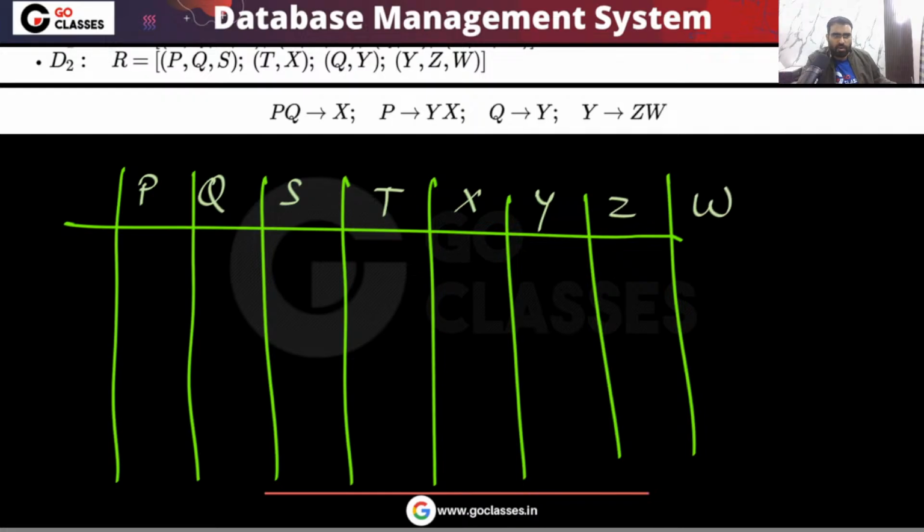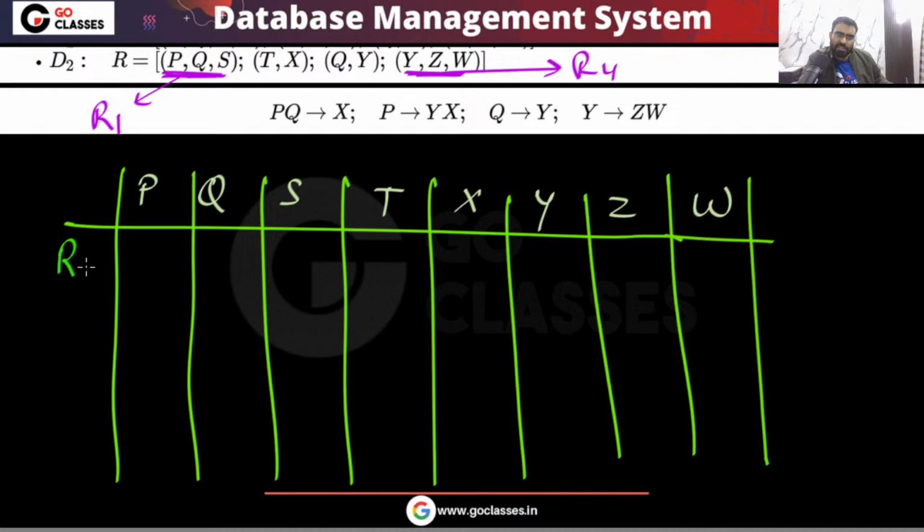So these are the columns. Columns are the attributes. And what are the rows? Rows are the sub-relations. You can see there are a total of 4 sub-relations. This PQX, let me call it R1. And this YZW, let me call it R4. So there are a total of 4 sub-relations: R1, R2, R3, R4.